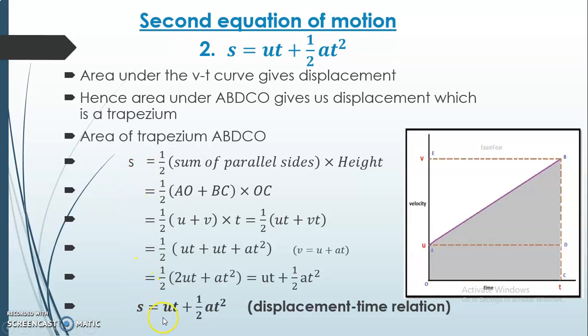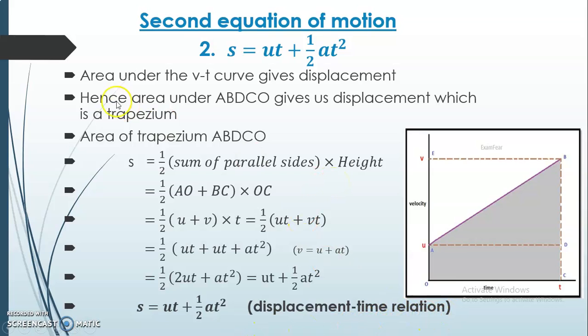So S is equal to UT plus half AT square. So you can see this is the relation between displacement and time, because both the terms contain time. So we can say that this is the displacement time relation. Okay, so the second equation is the displacement time equation or relation.